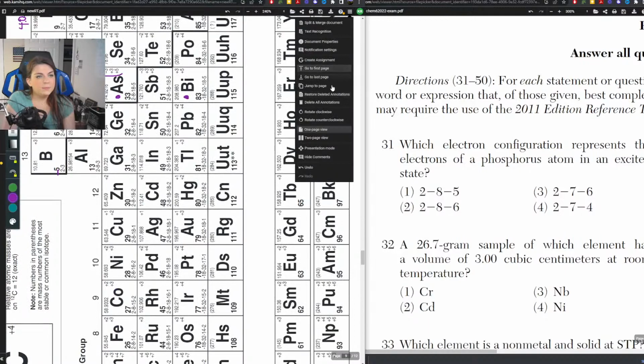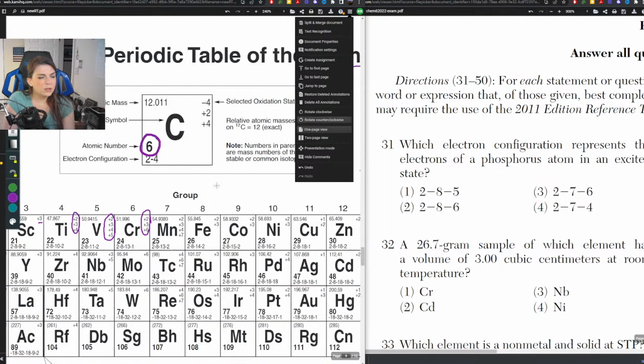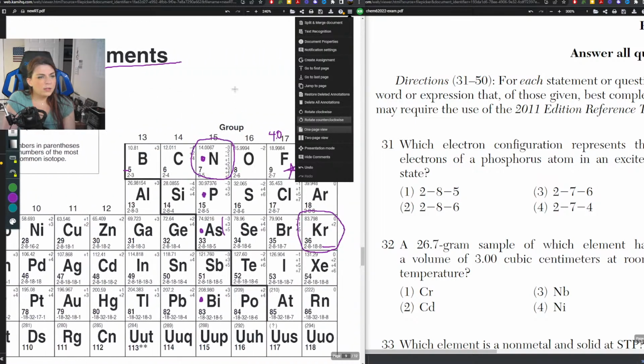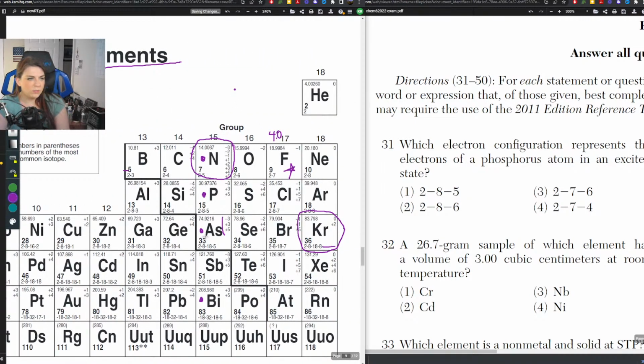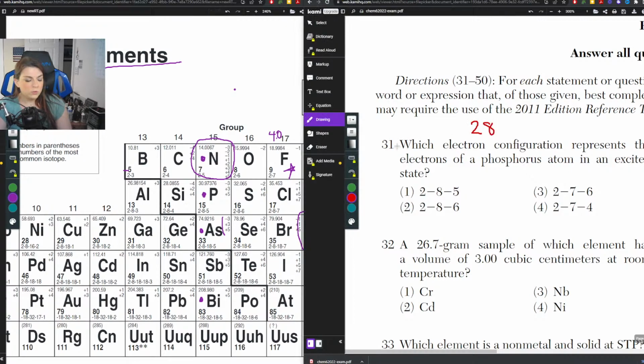Phosphorus is P, and it is right here. They've asked quite a few questions about phosphorus at this point. The configuration is 2-8-5. That's the ground state configuration, so that cannot be the excited state. Next, phosphorus has 15 electrons, so my only answer choices are those that include 15 electrons.